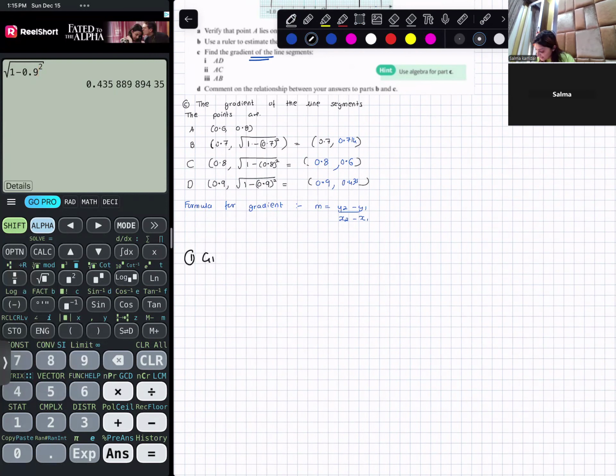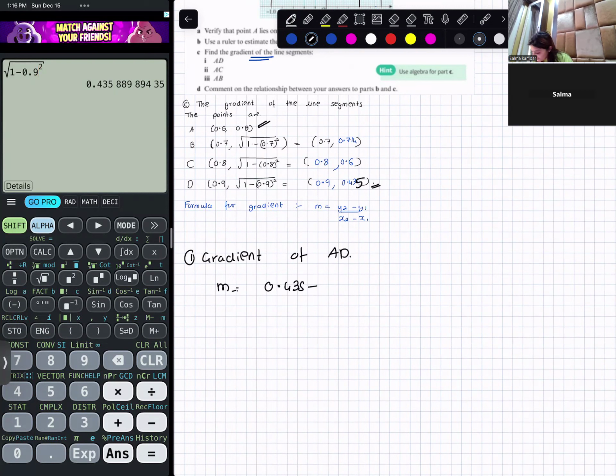So first I'm going to find gradient of AD. I'm using A and D. So y2 minus y1, so it is 0.435 minus 0.8 over x2 minus x1.